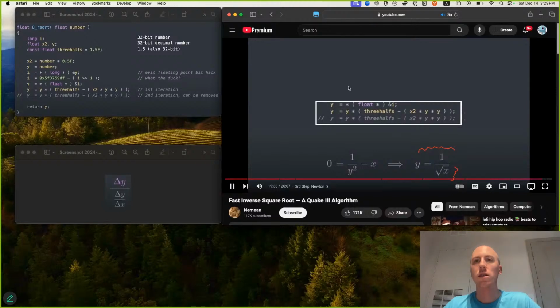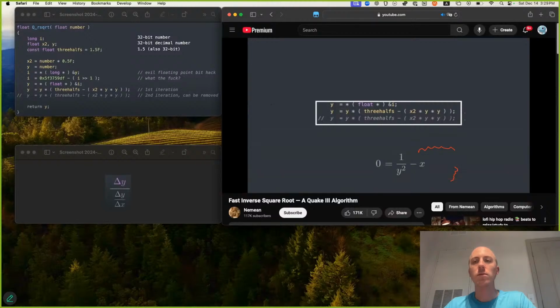Code, since it's really surprising that even is that y being a root of this function is equivalent to y being the inverse square root of x.